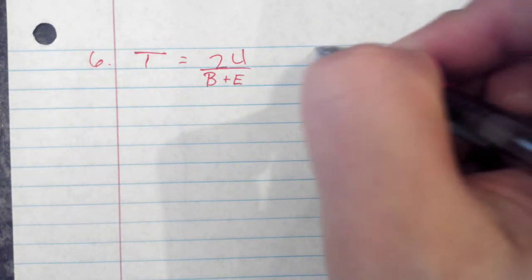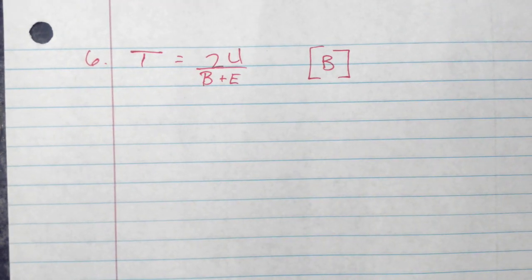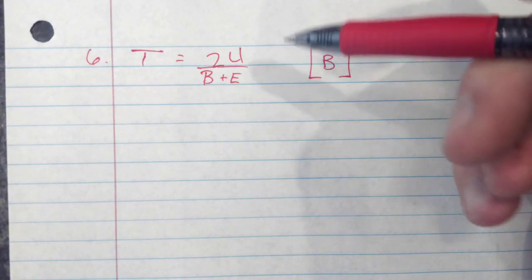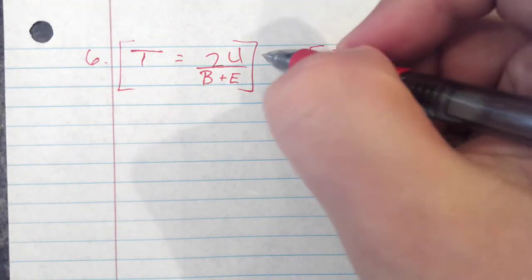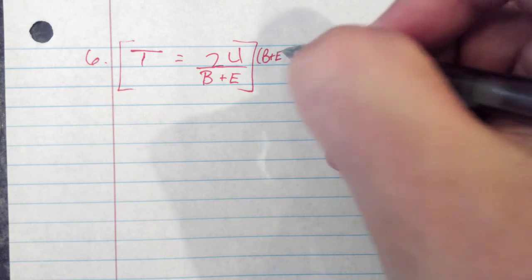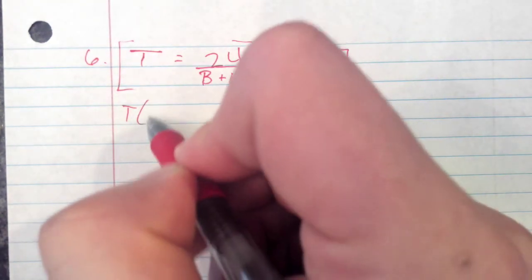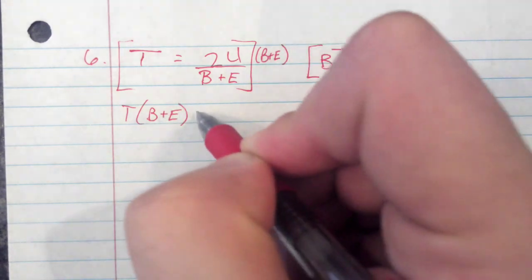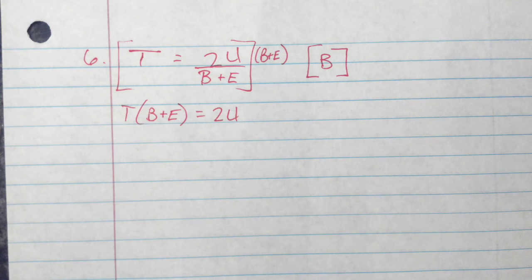We're solving this for b. Okay, so any problem with a fraction, the first thing I'm going to do is multiply by that common denominator to get rid of it. The common denominator, of course, is b plus e because it's the only denominator there is. So I would have t times (b plus e) equals, those b plus e's would cancel, giving me just the 2u.